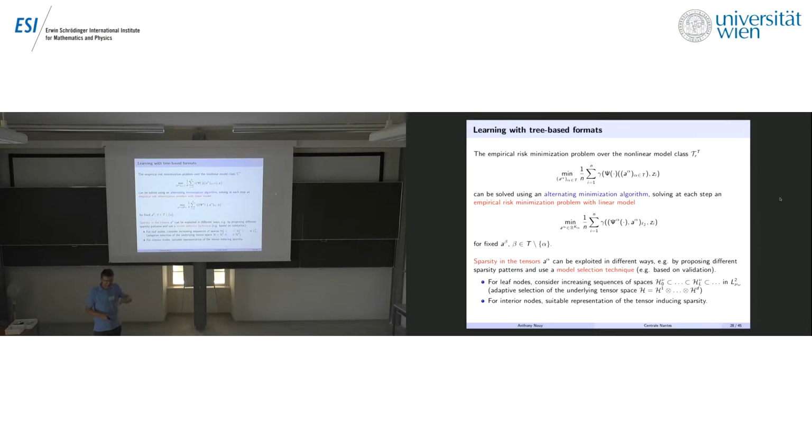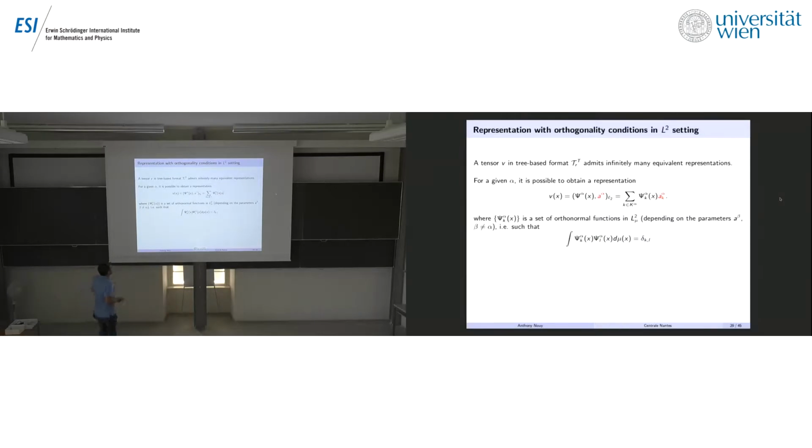But this is quite standard because here at each step, the model class is linear, for fixed parameters A beta, beta different from alpha. Also, an important point in this L2 setting and using this format is that you can obtain quite robust and stable algorithms.